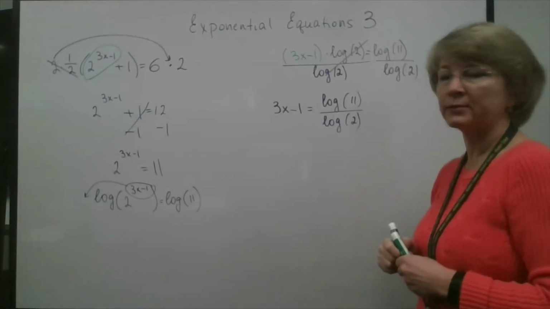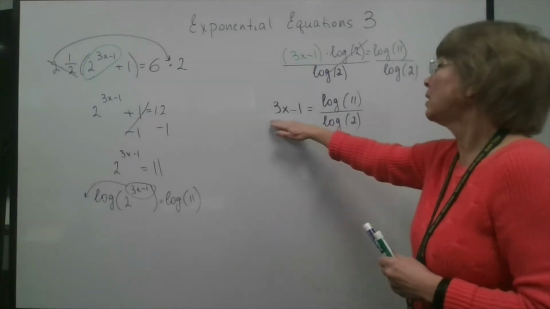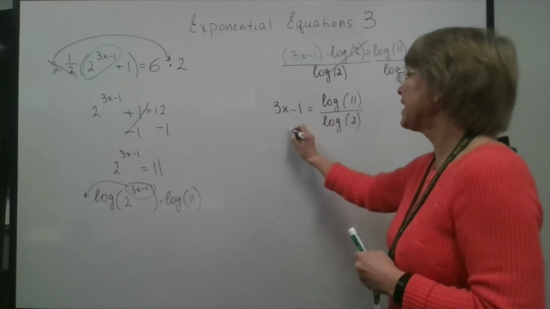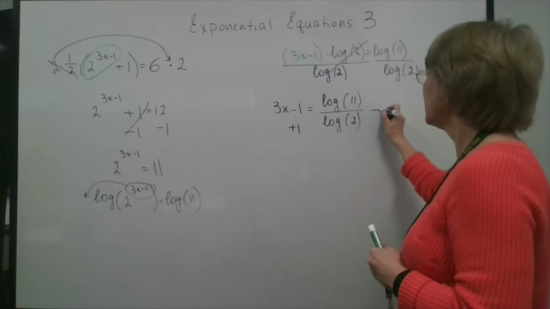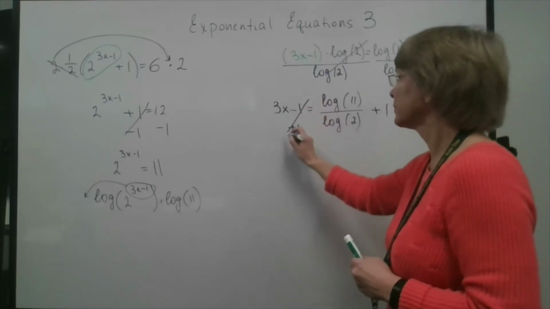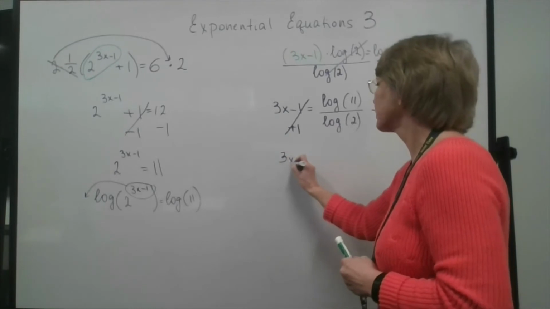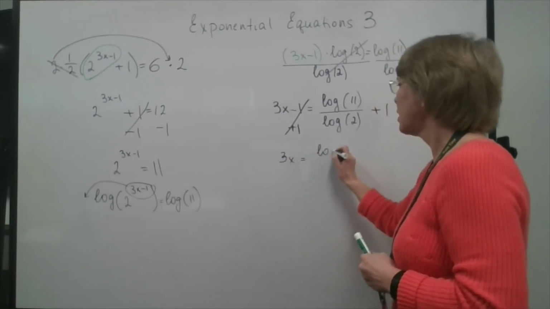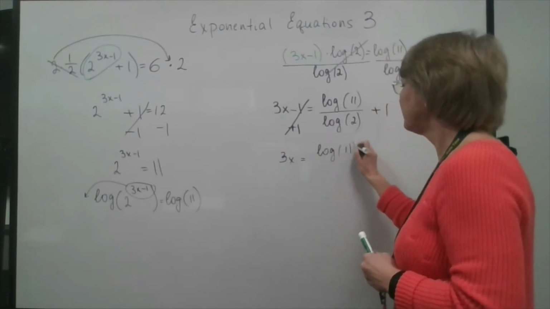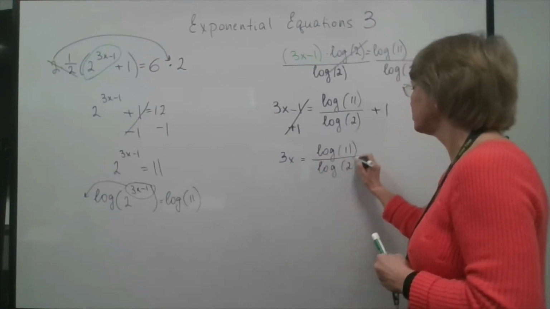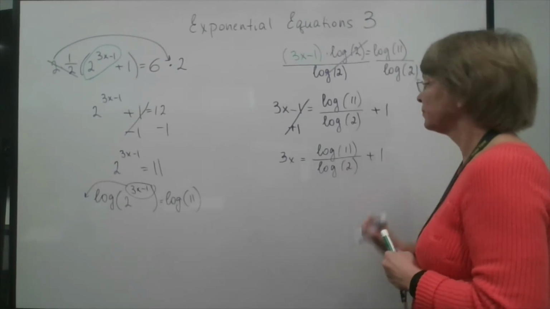What will we do next? We'll look over here. It's a simple linear equation. We will add 1 to both sides. We have 3x equal to logarithm of 11 divided by logarithm of 2 plus 1.